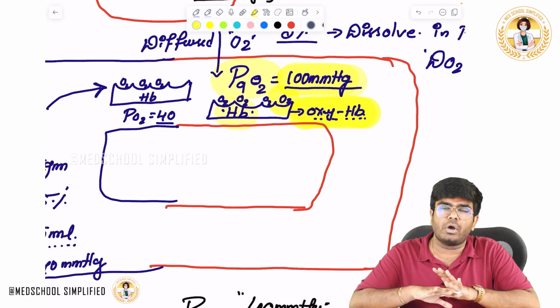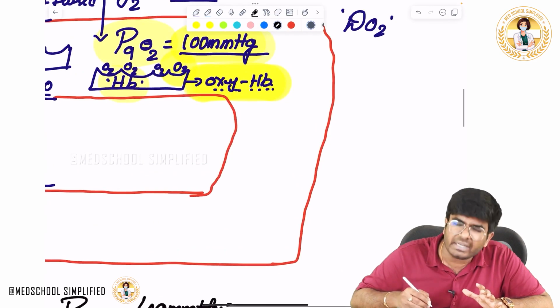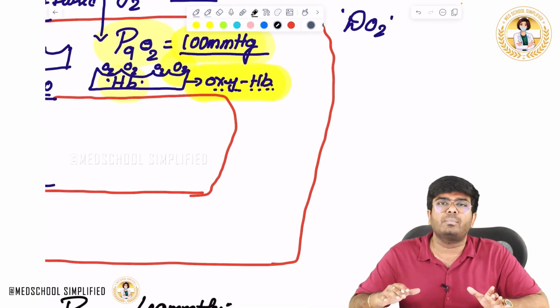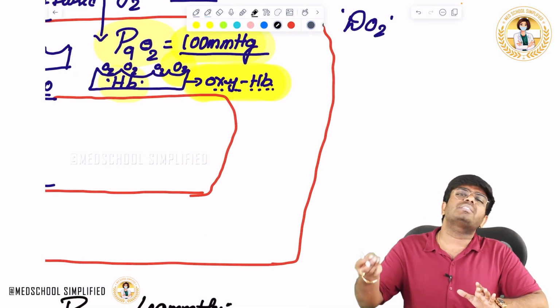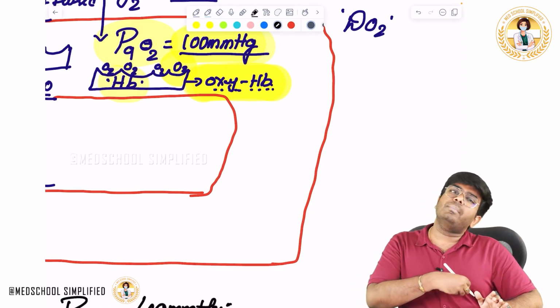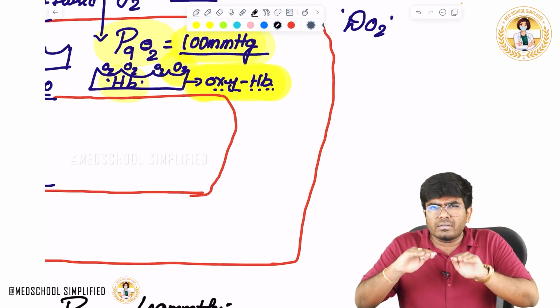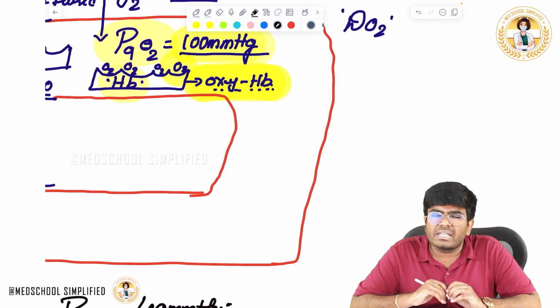100% hemoglobin becomes oxygenated. To be very frank, how much percent of hemoglobin is oxygenated? 97% of the hemoglobin is oxygenated, because some venous blood will mix in the heart, from the cardiac vein, some deoxygenated blood from the heart will mix, so the saturation decreases a little.